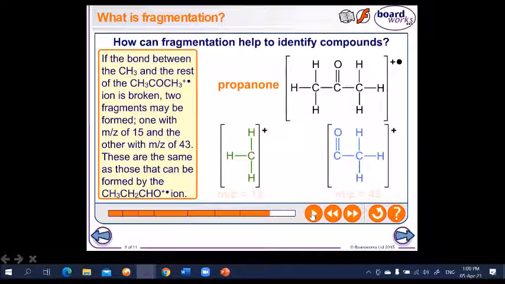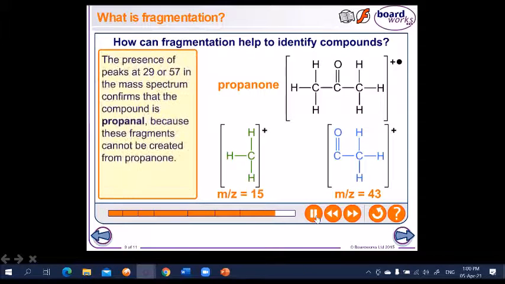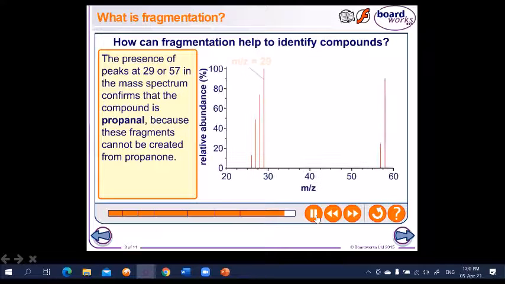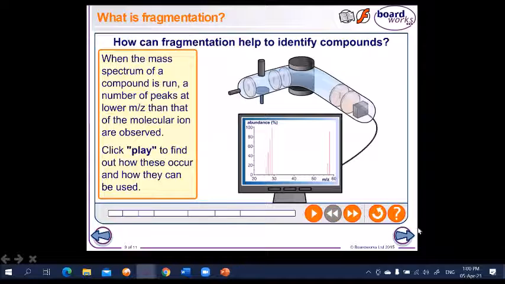So the presence of peaks at 29 or 57 in the mass spectrum confirms that the compound is propanol, because these fragments cannot be created from propanone. That's how you apply fragmentation to distinguish between two compounds that you're not sure of.